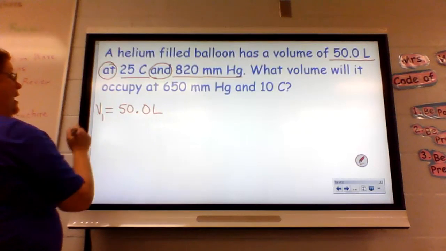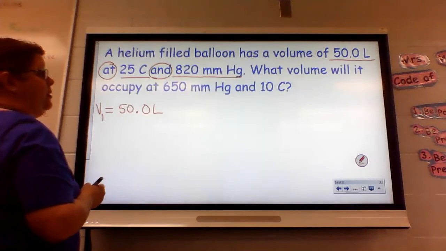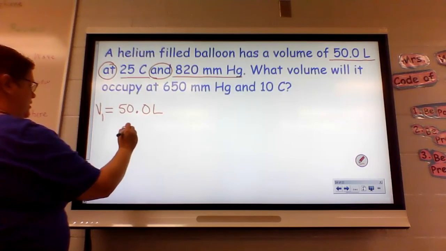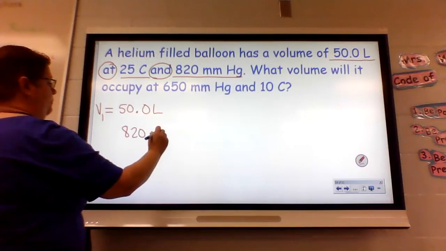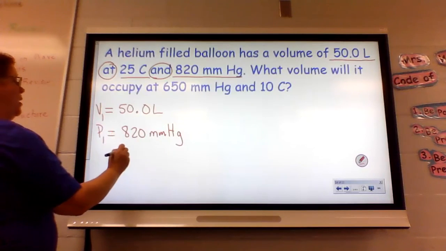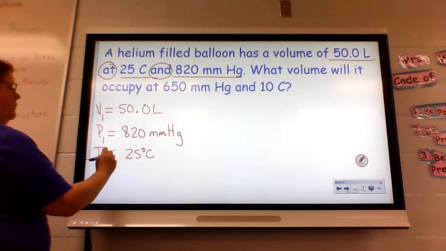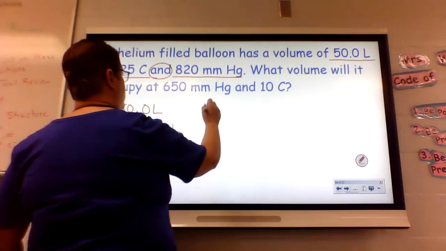Now, notice I didn't specify this time who's a volume, who's a temperature, who's a pressure. This is why I told you had to recognize your units. So liters is a volume. What is 820 millimeters of mercury? That's a pressure. And 25 degrees Celsius is a what? That's a temperature.